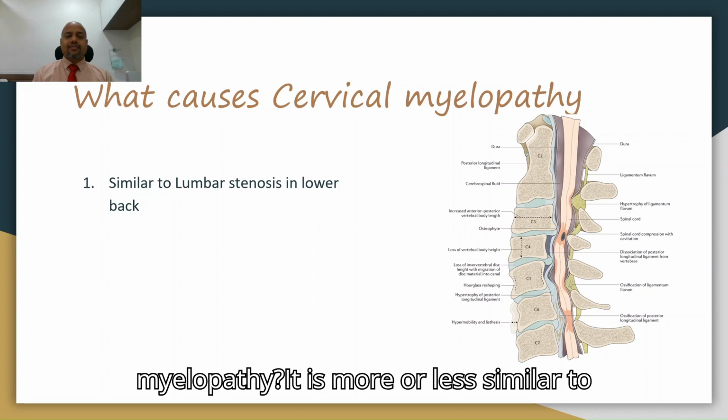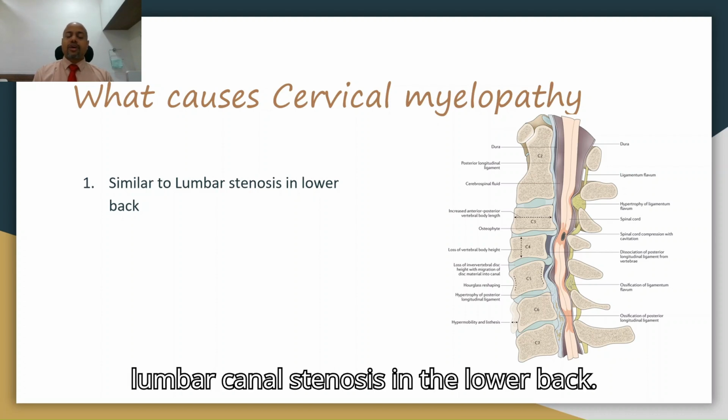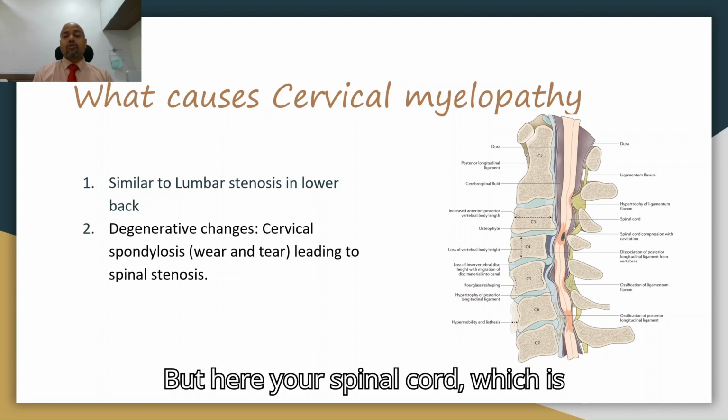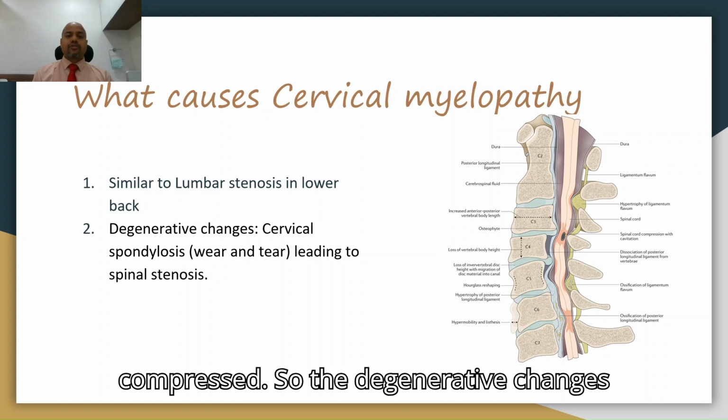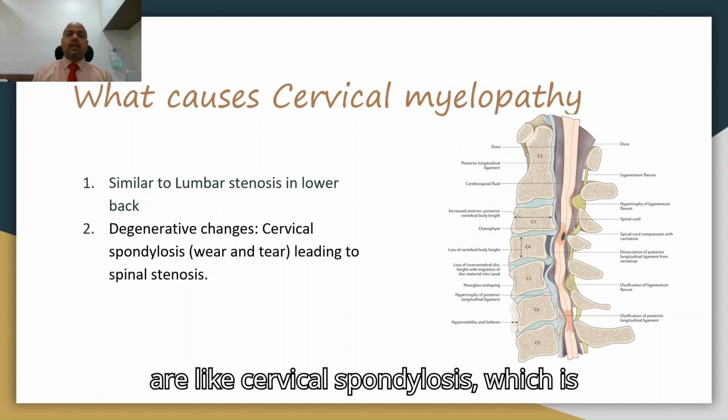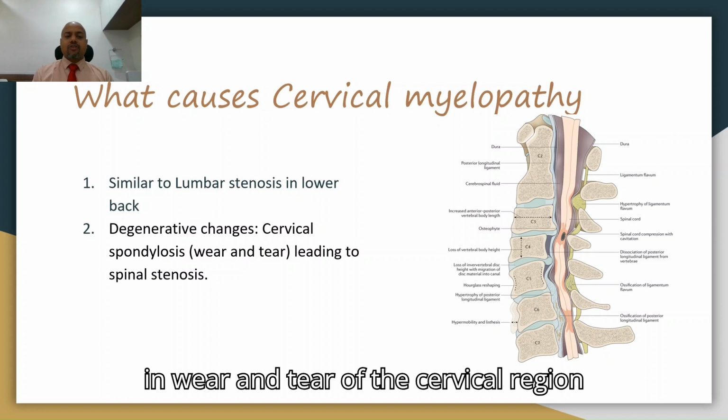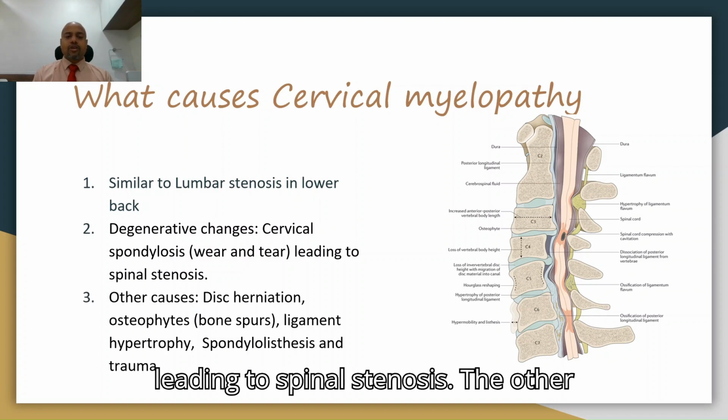It is more or less similar to lumbar canal stenosis in the lower back, but here your spinal cord, which is high up in your neck, is getting compressed. So the degenerative changes are like cervical spondylosis, which is wear and tear of the cervical region leading to spinal stenosis.